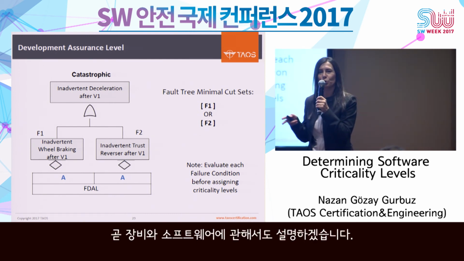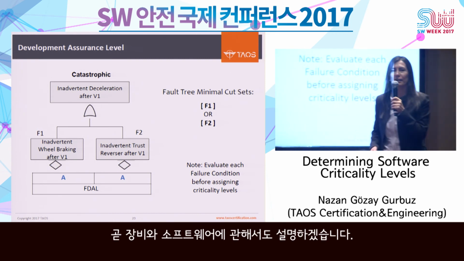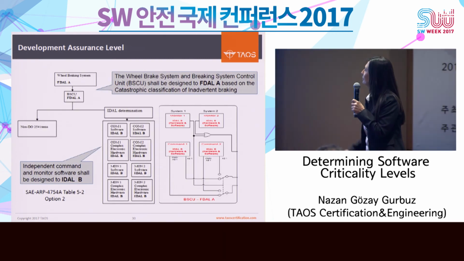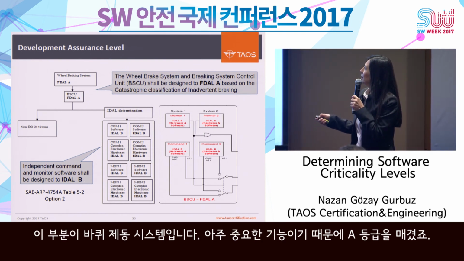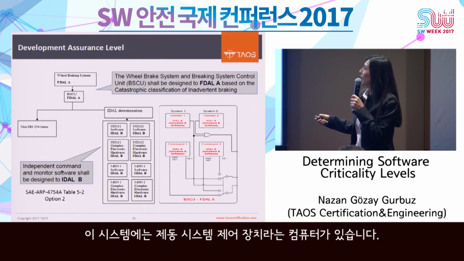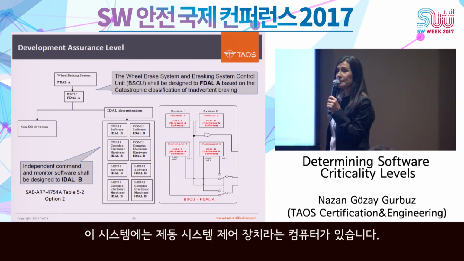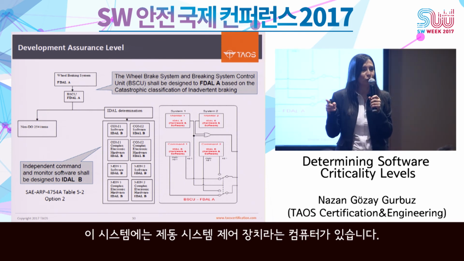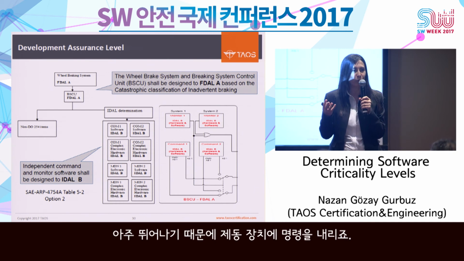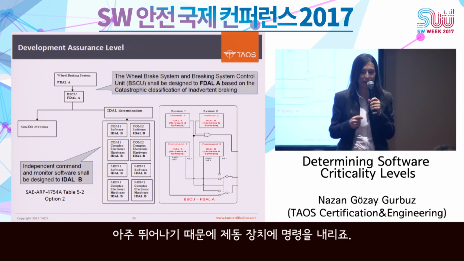Now we are going through the equipment and software in a short time. Here is our wheel brake system. We know that function is critical, level A. And in wheel brake systems, there is a computer, the braking system control unit, right? It's a smart computer, it commands the brakes.